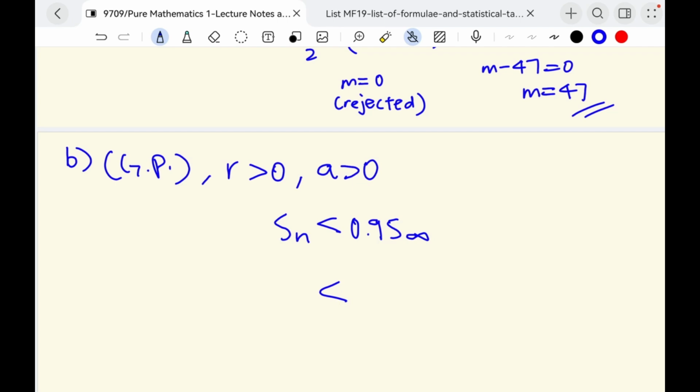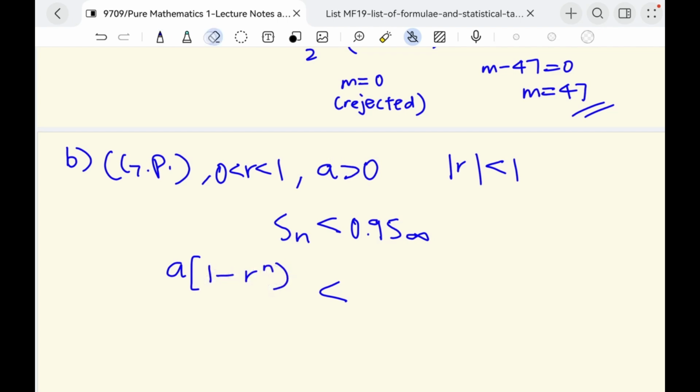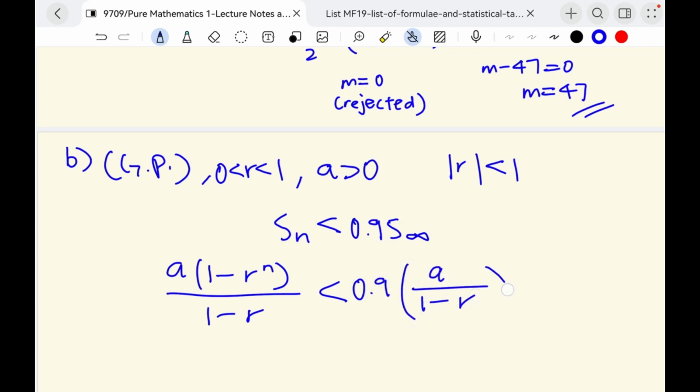So you have a times, but for the sum to infinity, r must be between 0 and 1, in order for the modulus of r to be less than 1. So we have 1 minus r to the power of n over 1 minus r times a, is less than 0.9 of a divided by 1 minus r.